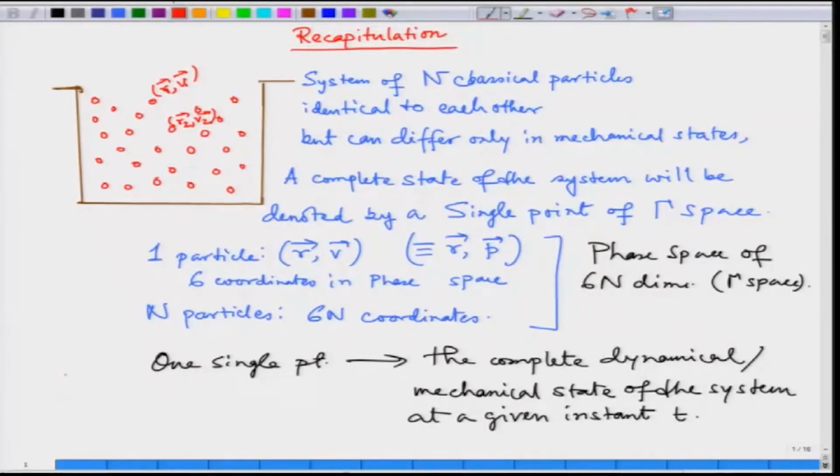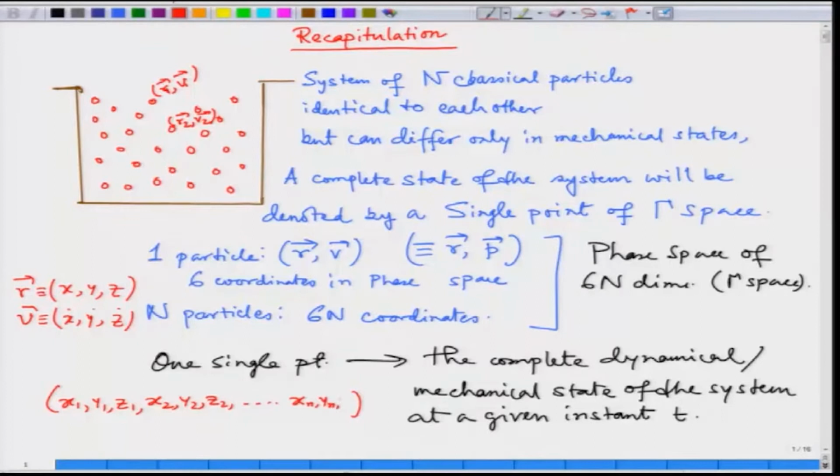Then we said that if you take one combination of all 6N coordinates, let us say r is equal to x, y, z, the triplet, and v is x dot, y dot, z dot, then the ensemble of numbers x1, y1, z1, x2, y2, z2, up to xn, yn, zn, these 3N numbers, plus x1 dot, y1 dot, z1 dot, up to xn dot, yn dot, zn dot.